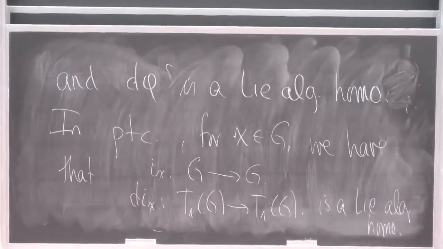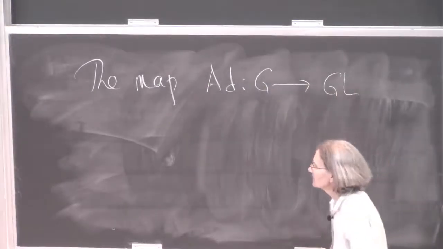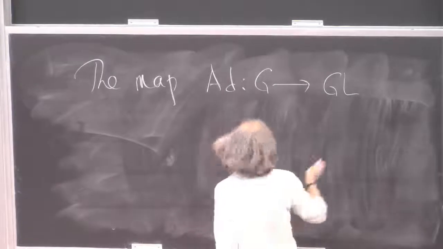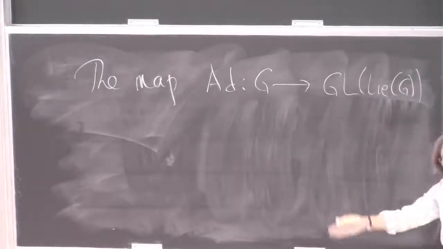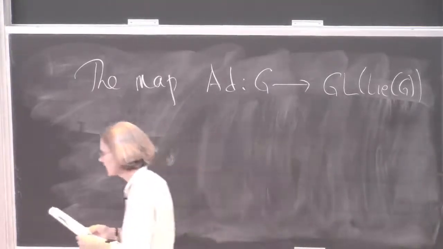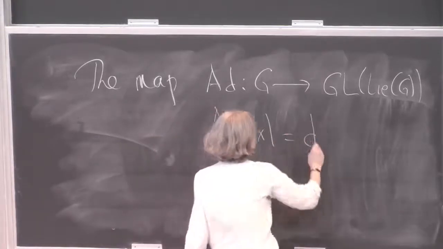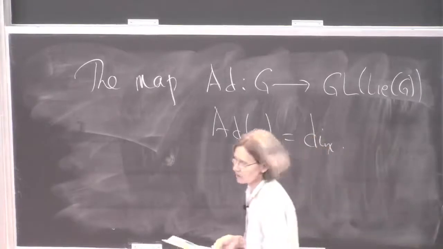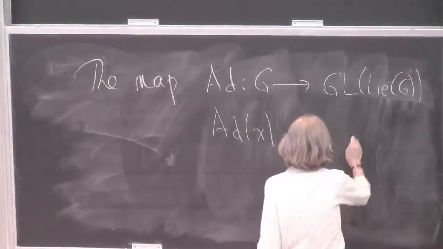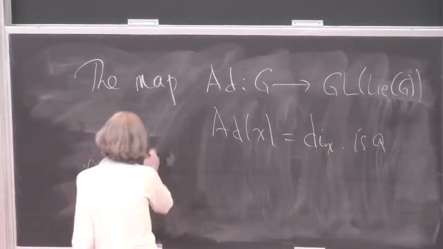Then the map Ad, which goes from G to GL of this tangent space, but I want to think of it as a Lie algebra now, so I'm going to write GL of the Lie algebra of G. There are lots of isomorphisms and identifications that have gone on, but that map, which takes x to this differential, is a rational representation. It's the one we had before.